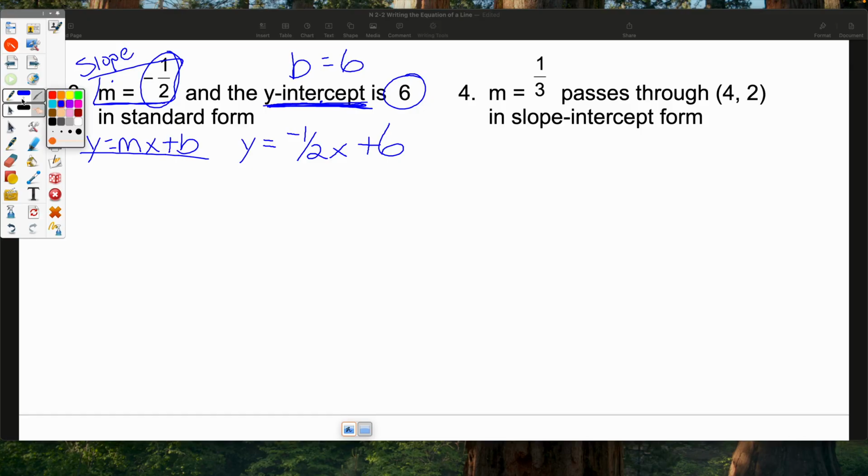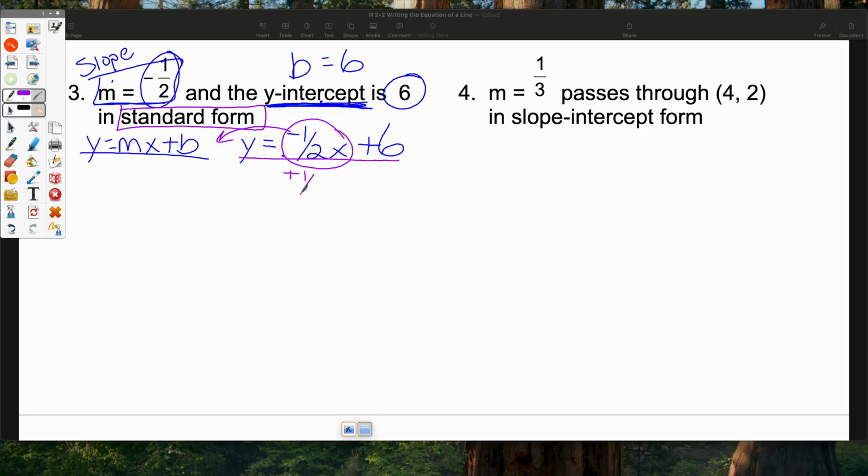Now we need to get our slope-intercept form into standard form. So we're going to do what we just did on number 2. I need to move my x's from the right to the left. So I do the opposite here. This is -1/2 x. What's the opposite of -1/2?